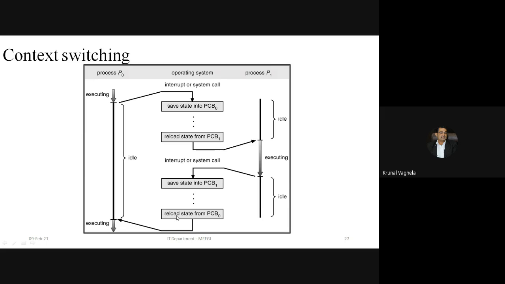All the data which was stored here will be reloaded, and it will start execution again from the point at which it was left. So it is the example of P0 and P1, but there are many processes running concurrently. This is nothing but context switching from P0 to P1, P1 to P0, P0 to P1, P1 to P0.